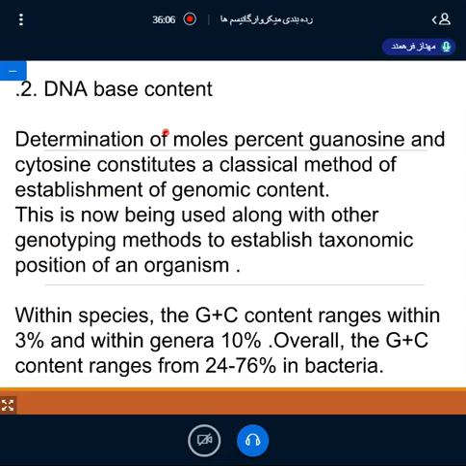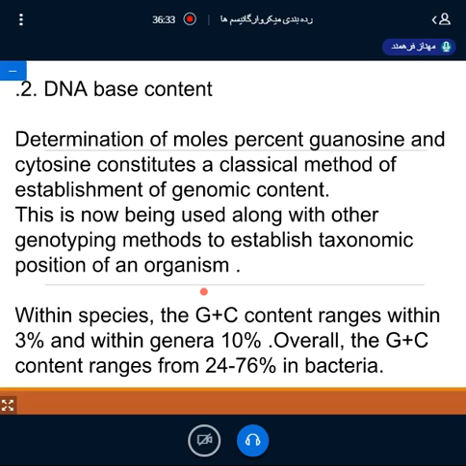So the DNA-based content means guanine plus cytosine content. So determination of percent of these moles is very important, guanosine plus cytosine. And we can see the similarity of this percentage in different bacteria and also in different organisms.